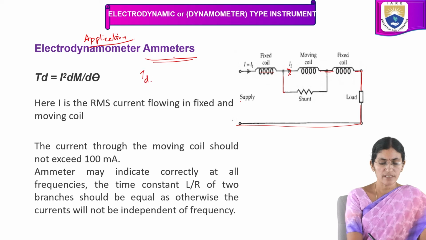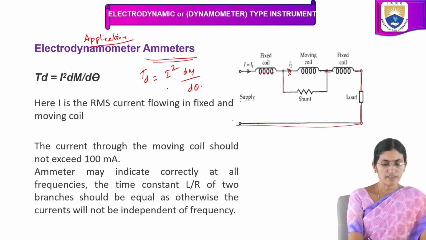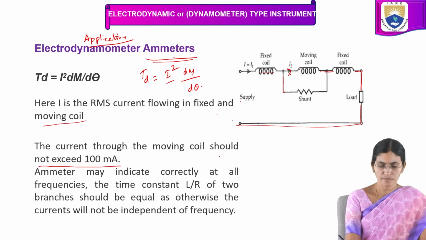So TD we can write as, when it is to be used as an ammeter, if the currents I1 and I2 are equal, I square into dM by d theta. Here I is the RMS value of the current flowing in the fixed and moving coil. The current through the moving coil should not exceed 100 milliamperes.